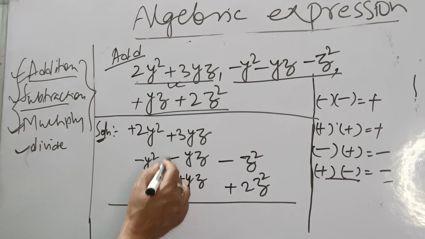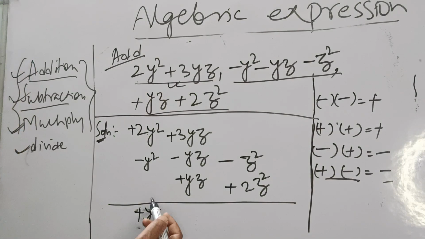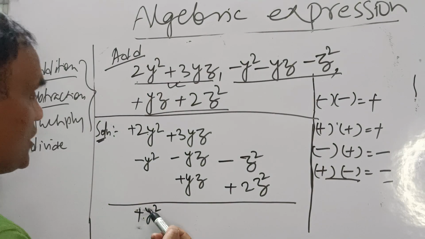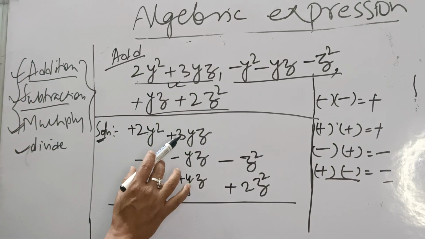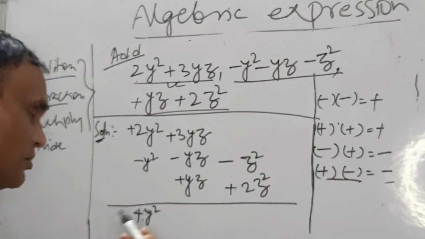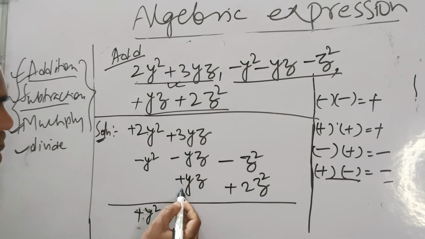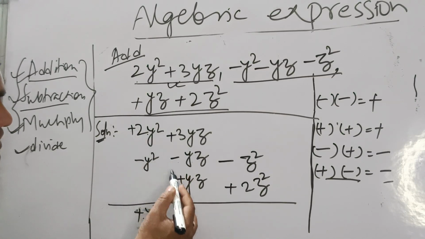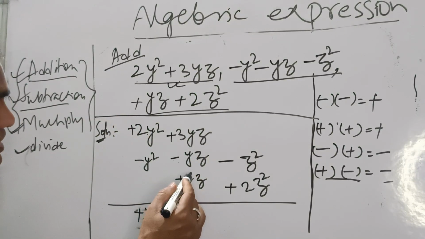Now here we have three terms. How can we solve this? You have to add the like terms 3yz and yz, it will be 4yz, and minus yz. But you can do one thing. This is a plus yz and this is a minus yz, so you subtract yz minus yz.